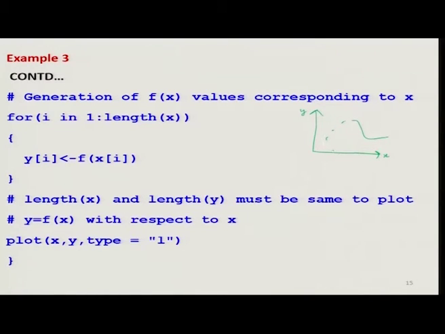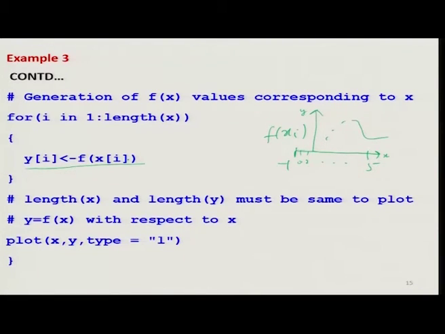The values of x are given to us, starting from -1 to 5 at an interval of 0.2 and so on. Based on that, I generate the value of yi, that is going to store the value of f of xi. So, I write y inside the bracket i as f of x of i.